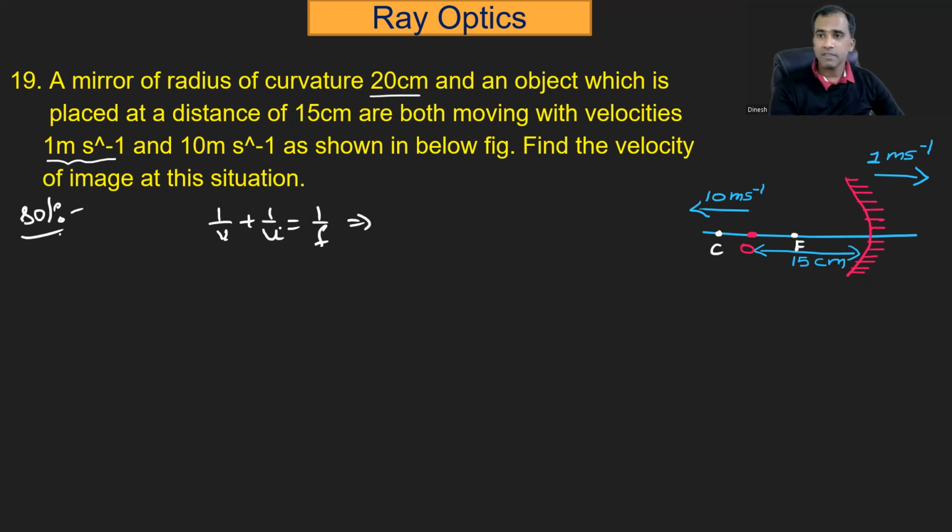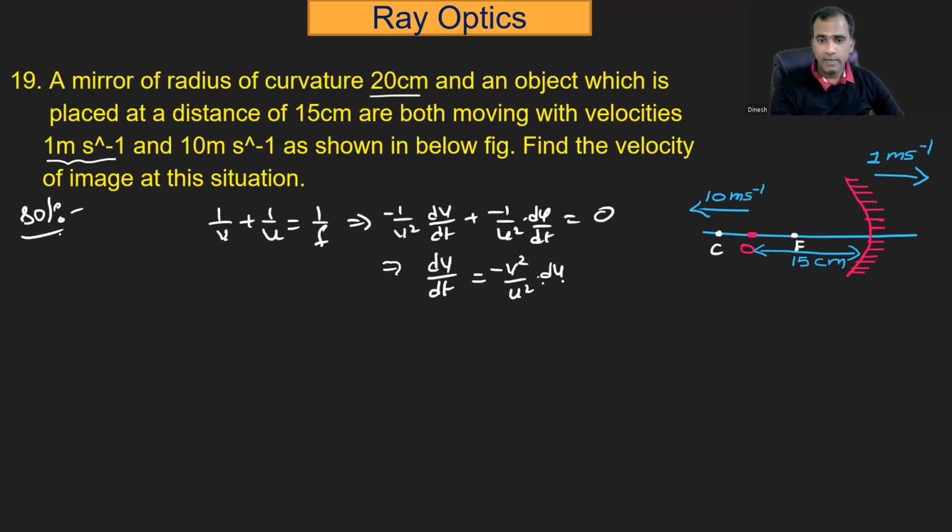Since we are dealing with velocities, v and u are not velocities here. In optics, v and u are image distance and object distance. So if you differentiate with respect to time, it is minus 1 by v square into dv by dt plus minus 1 by u square into du by dt. We have done this derivation yesterday also. Differentiation of this constant is 0. So this dv by dt, which is the velocity of the image with respect to mirror, is equal to minus v square by u square into du by dt.